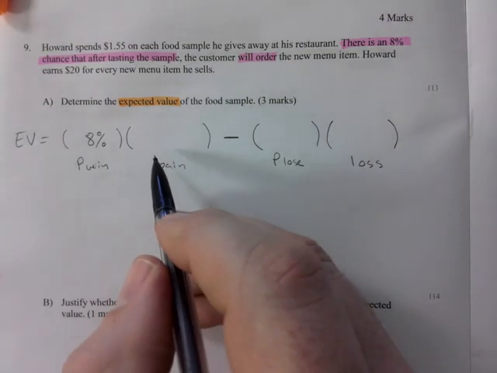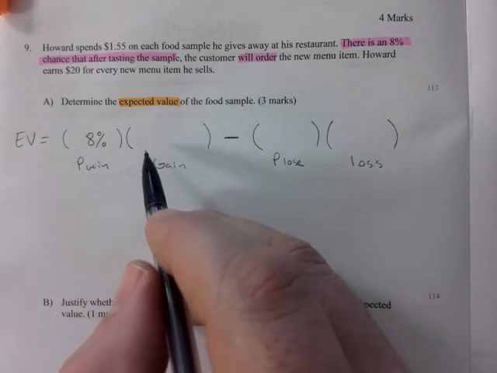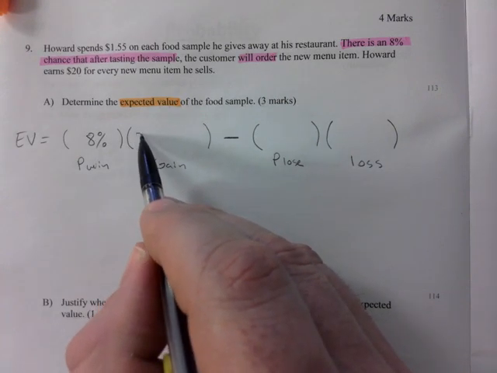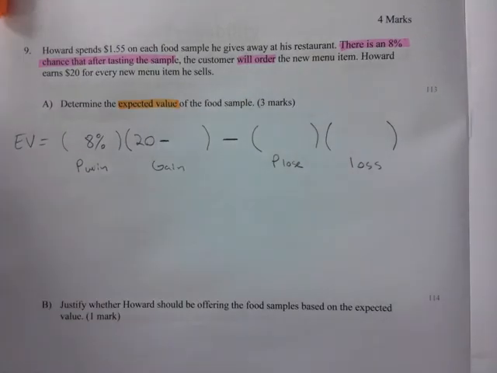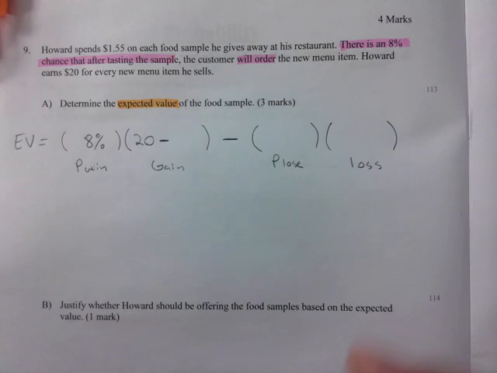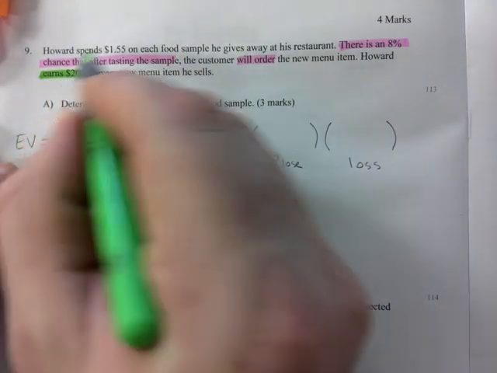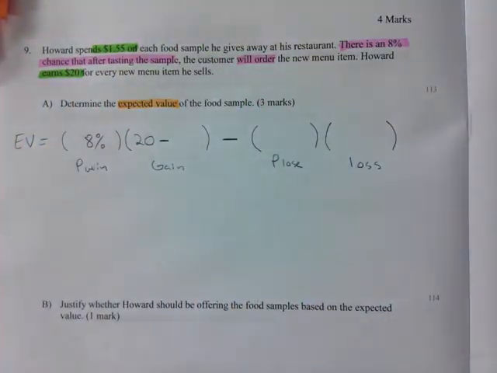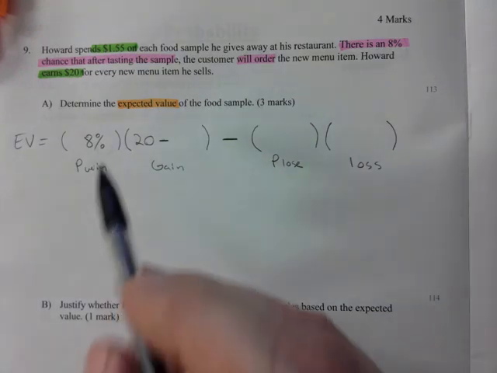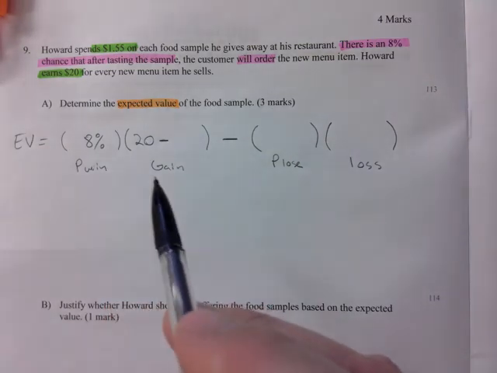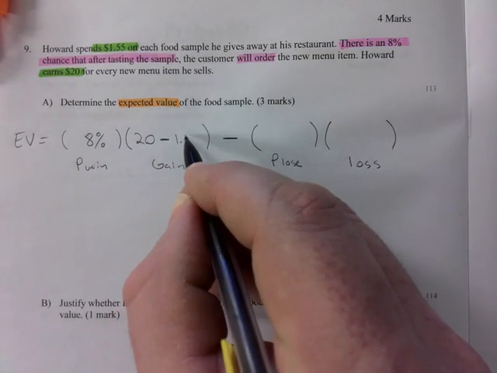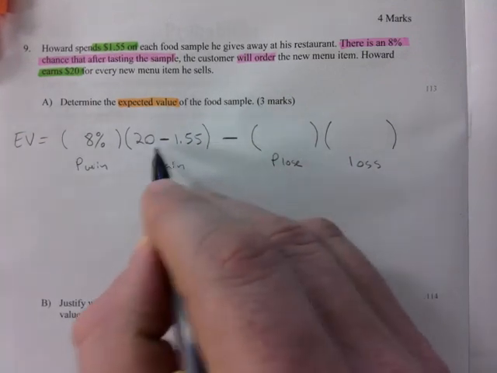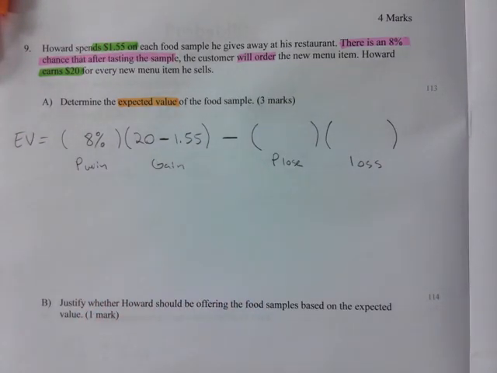And how much is the restaurant owner going to gain from this? 20. However, how much does it cost the owner to actually provide that sample? So I will highlight the 20 and the 155 because they kind of go together. So you never get the full price. There's always going to be some cost associated with it. So this will be minus 155. So you're going to gain $18.45.